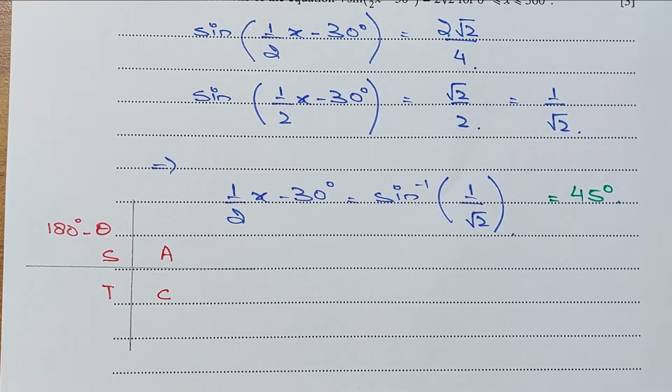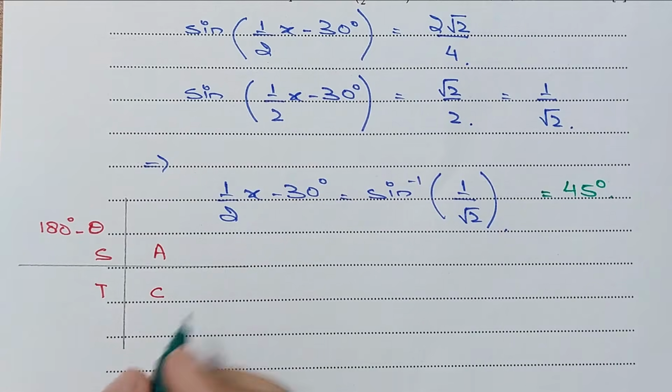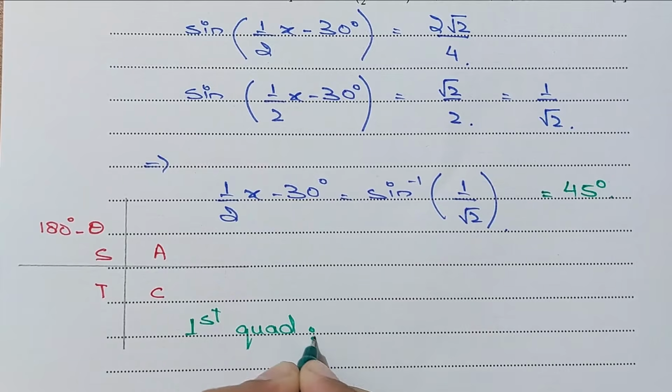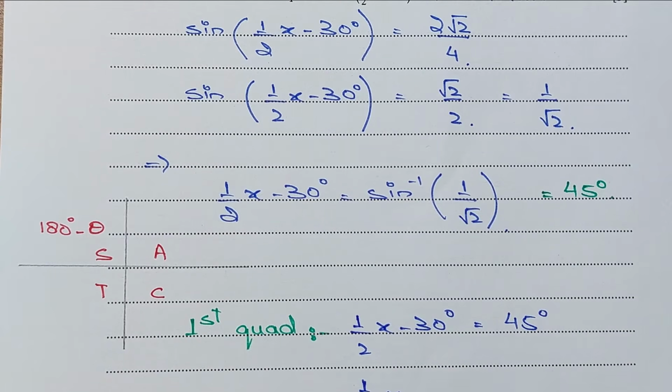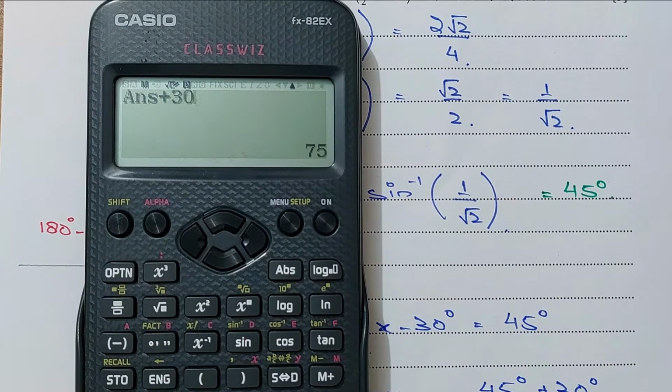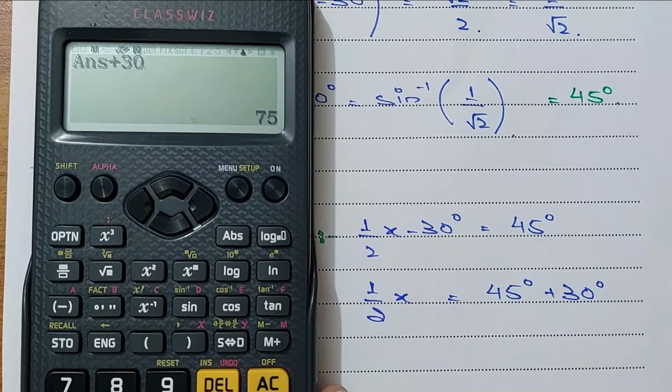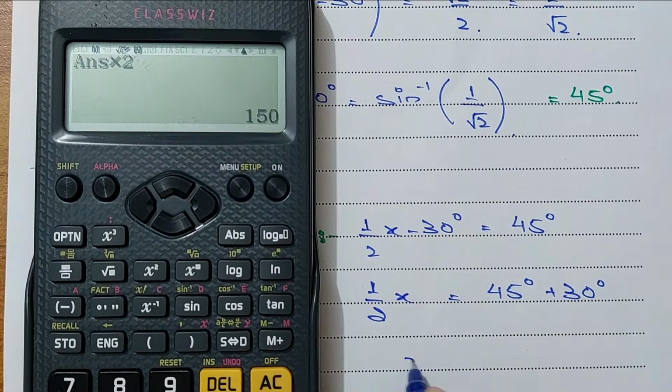So we have two values for x. For the first quadrant, we solve 1 by 2 x minus 30 degrees equals 45, so half x equals 45 degrees plus 30 degrees, which is 75, and 75 times 2 gives x equals 150 degrees.